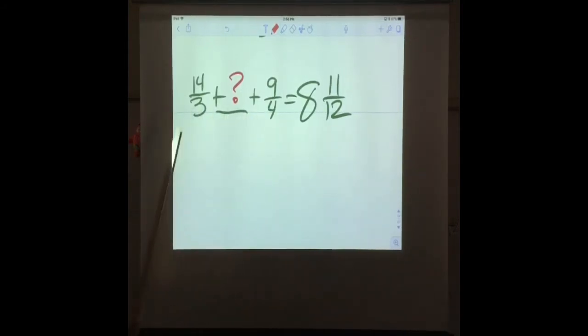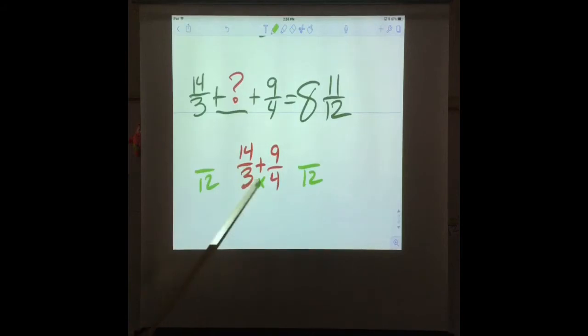Well, we need to rearrange this. We need to use commutative property. How do we do this mathematically? Well, we could times the two bottom numbers, and we're going to end up with 12, one on each side, right? Then we're going to do 3 times 9, and then we're doing 4 times 14.